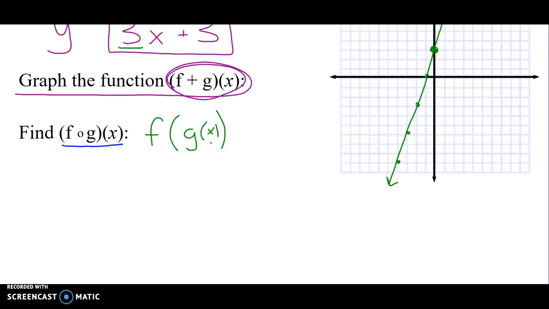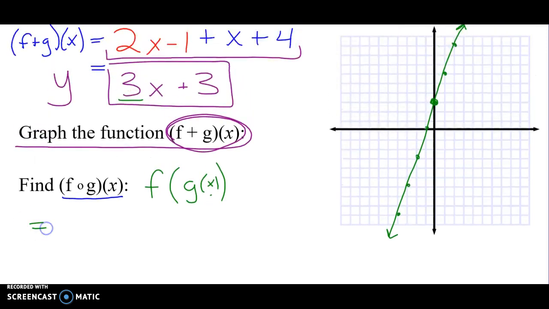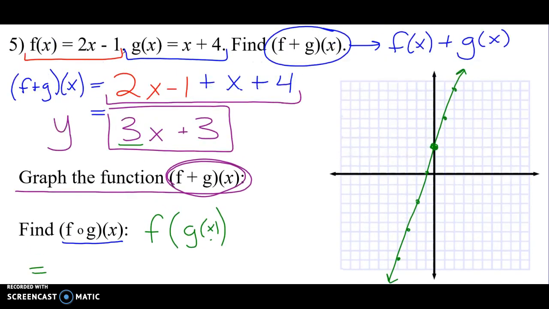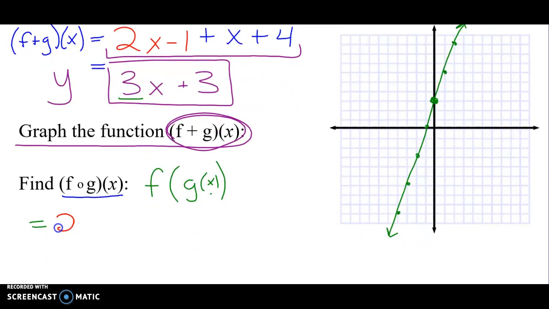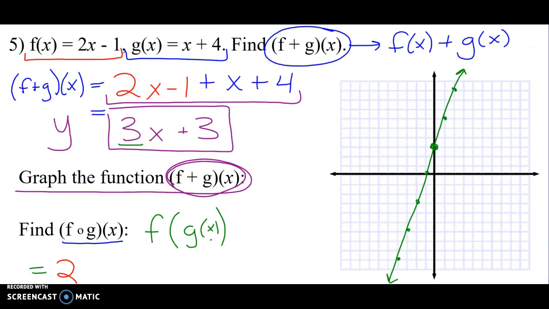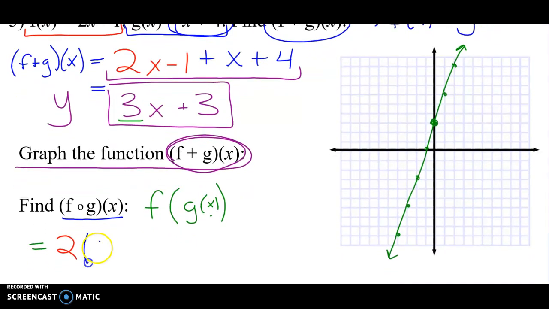Okay? So, first of all, I'm going to start out with the main function here, which is f. So what is the first thing in the f function? A 2x. But instead of an x, I'm going to write the g function. So we have to take the g function and we're plugging it into the f function for x. So anytime I see an x, I'm going to write x plus 4.